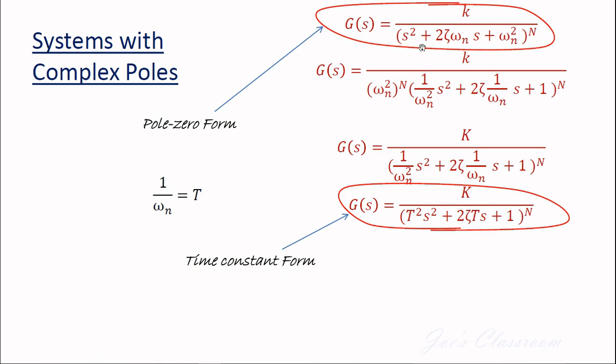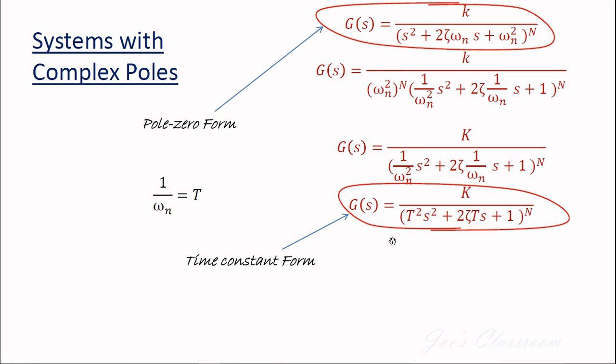This is what we call the pole zero form. Please note, in pole zero form, our s square term will have a coefficient of 1, whereas in time constant form, the constant term should be 1. That is how you can distinguish the pole zero form and the time constant form.